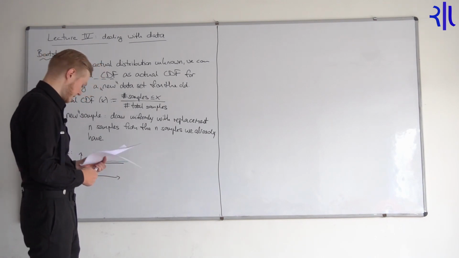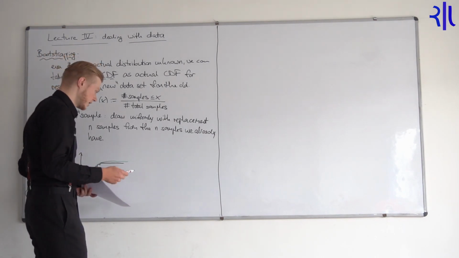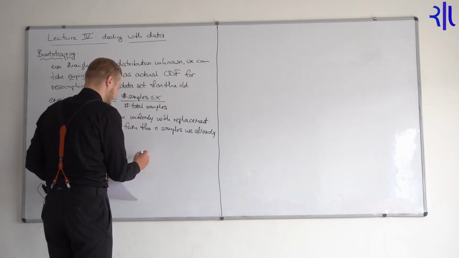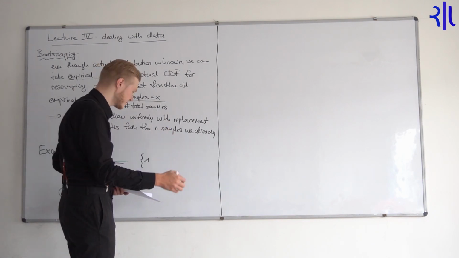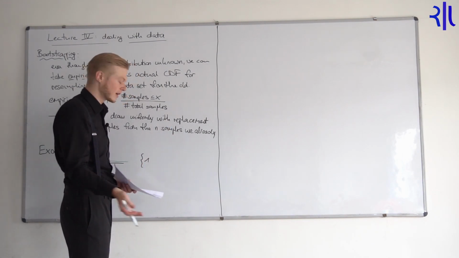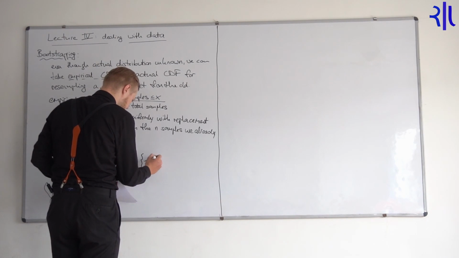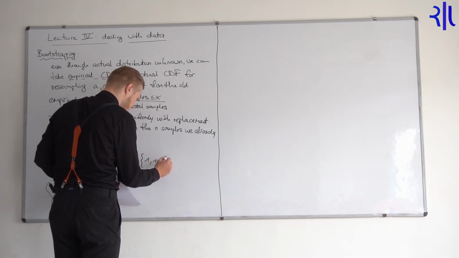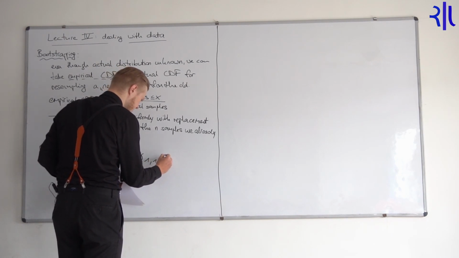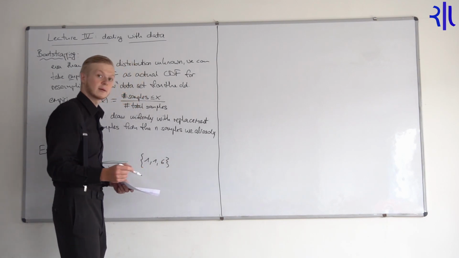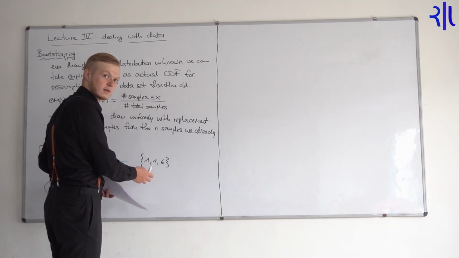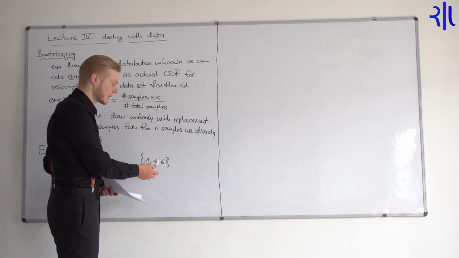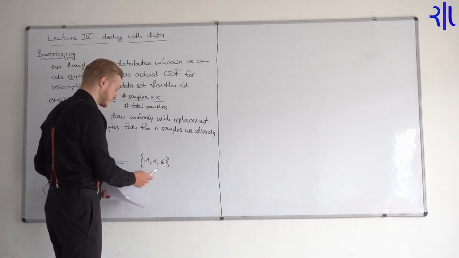And then how would a bootstrap sample look? Let's say the samples that we have are, for example, because we roll the dice 3 times: 1, 1, and 6. And the bootstrap sample now draws 3 times with replacement from this data set.